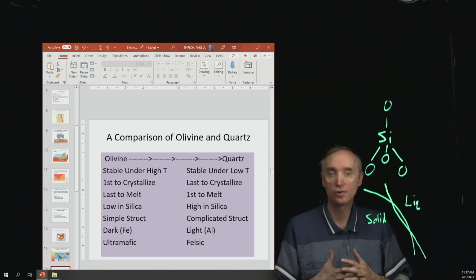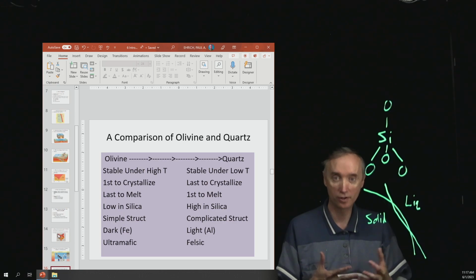Another thing is quartz is very light in color, which is going to help you to identify rocks that have quartz in them. Olivine is very dark. So rocks that have olivine in them are going to be dark in color. Rocks that have large amounts of quartz are going to be felsic, and rocks that have large amounts of olivine are going to be ultramafic.